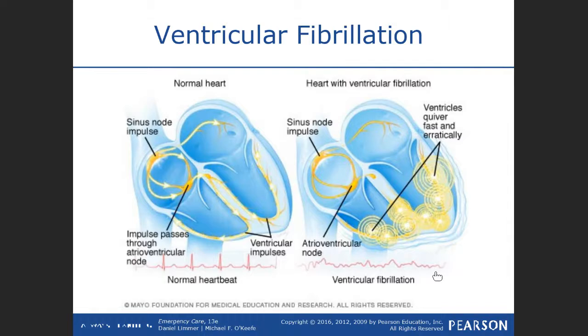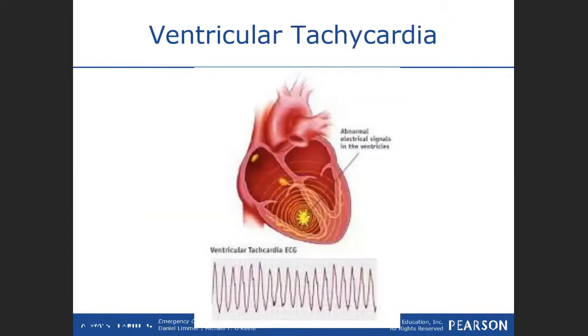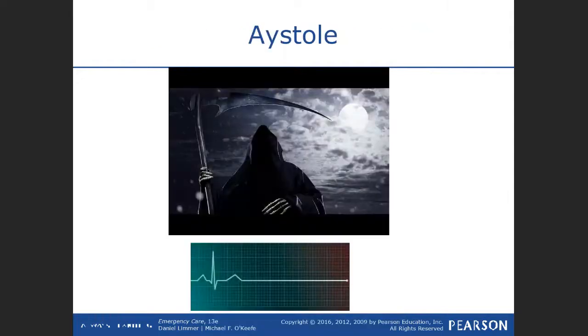What we had earlier was ventricular tachycardia. This is ventricular fibrillation. And ultimately, if these situations are not corrected, you're going to have the most stable cardiac rhythm available, which is called asystole. Beep.